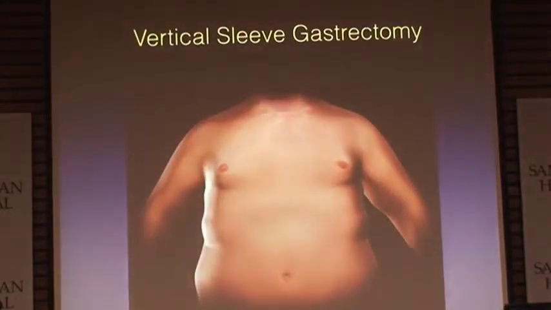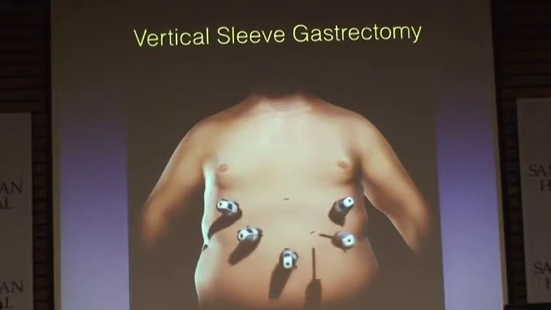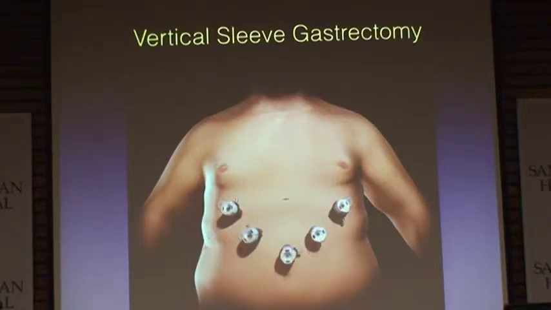Now, in 2015, we have another operation that is called vertical sleeve gastrectomy. And the way this procedure works is a little bit different, although the net result is very similar. It's different because the procedure doesn't involve any manipulation of the small bowel.